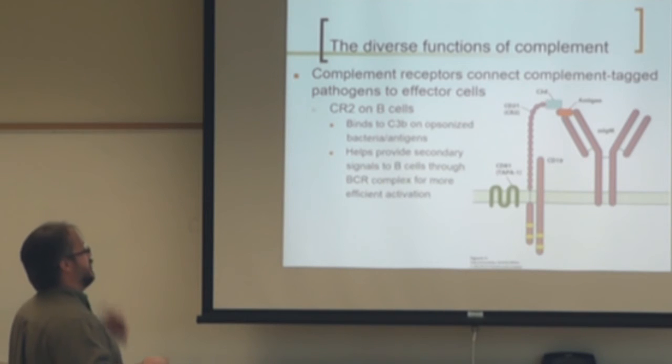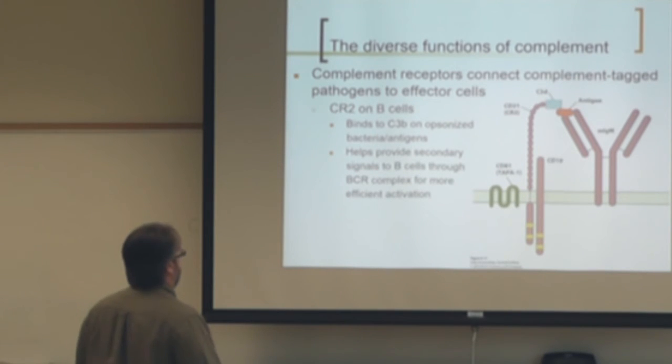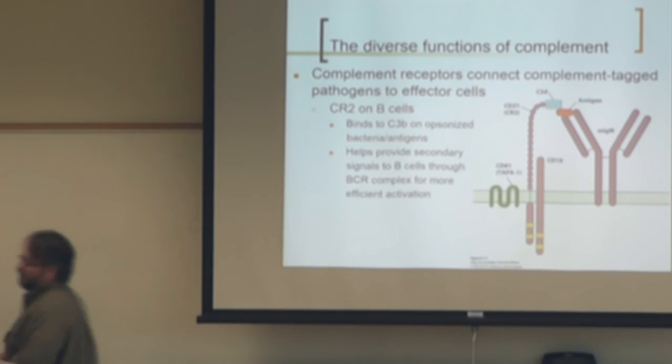Let's see if I can get it right. The affinity is how strongly antigen binds. But now you're increasing the avidity, so you're making it an even stronger bond and getting even more activation of that B cell because complement is involved. So complement will actually increase the avidity of that event.